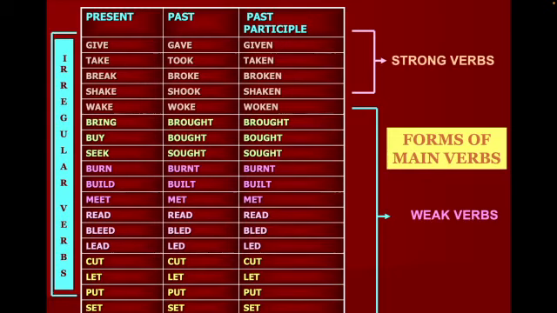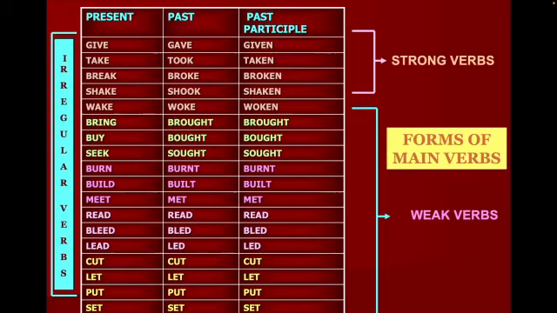In the past participle form, you're going to have the word given. You see it very similar with the other words take, break, shake, and wake. They all change a bit of their vowels from present to past tense. And then their past participle, you see an N stuck on the end of their verbs.